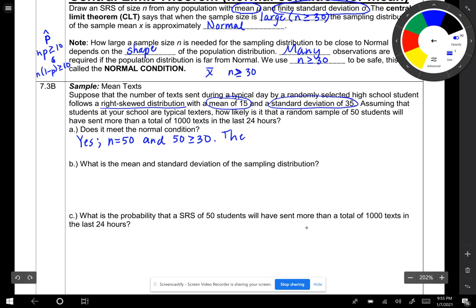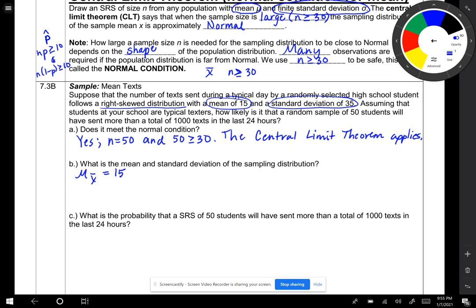The central limit theorem applies. What is the mean and standard deviation of the sampling distribution? So the mean of the sampling distribution is equal to the mean of the population, which is 15.